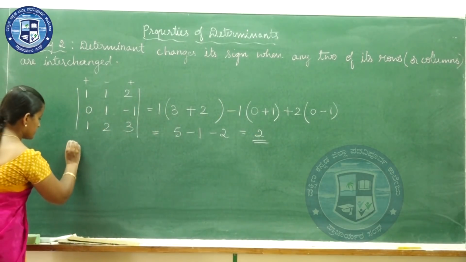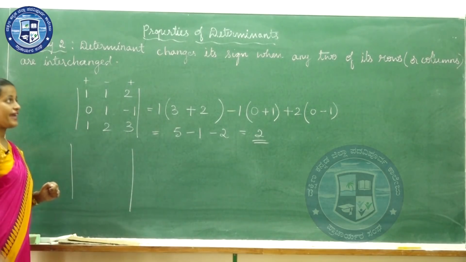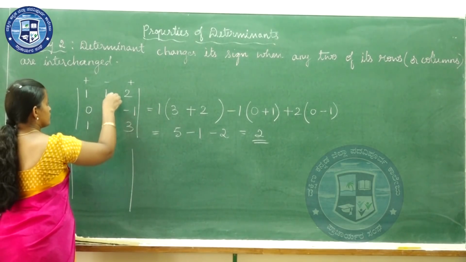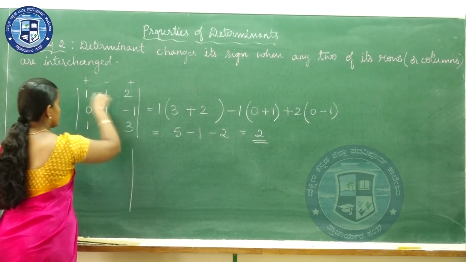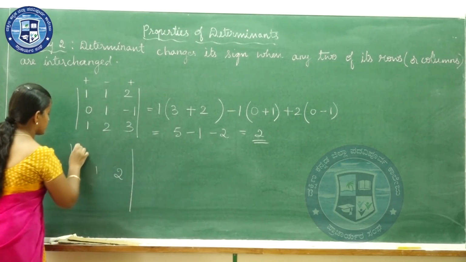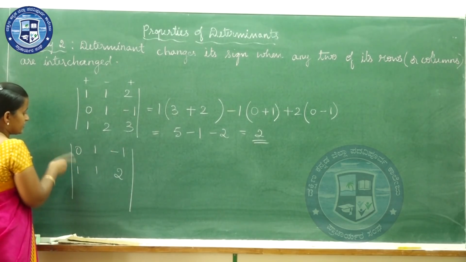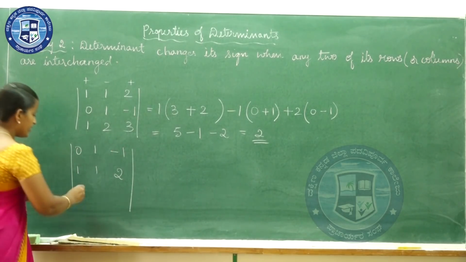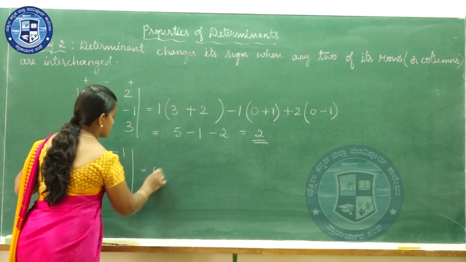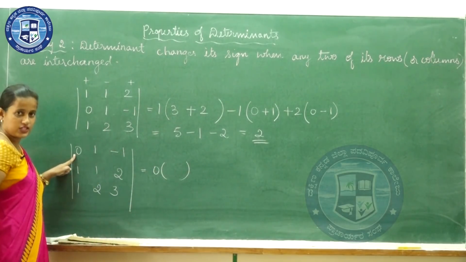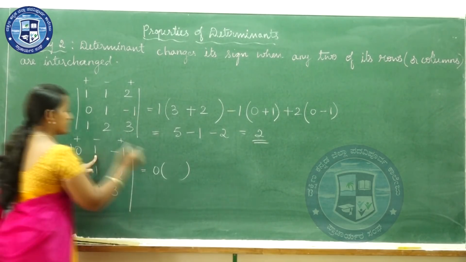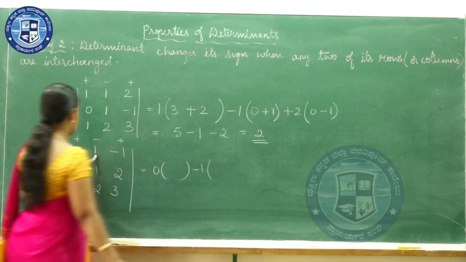Now what we will do is, we will interchange any two rows. Let me interchange the first and the second row. So the first row I will write as the second row and the second row I will write as the first row. So I have interchanged the first two rows. Let us see what will happen to the determinant. First it is 0 into anything is 0, so you need not check. Here, change the sign, it is plus 1, write it as minus 1.